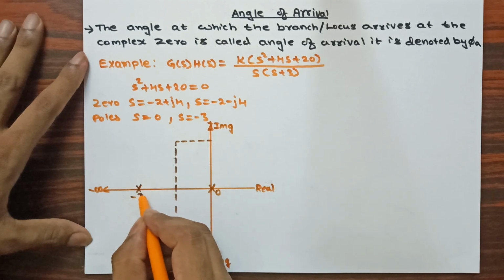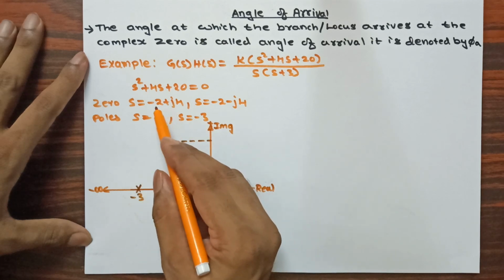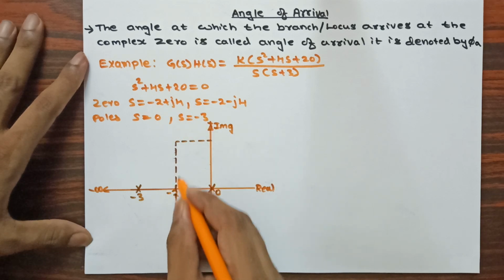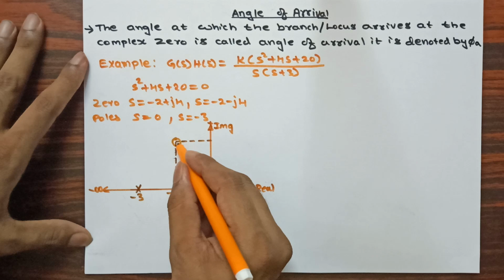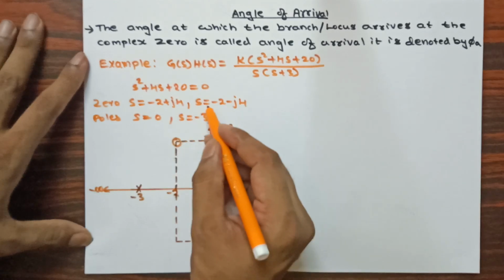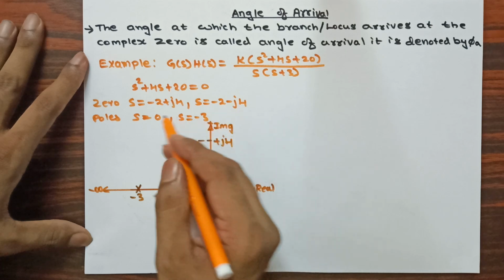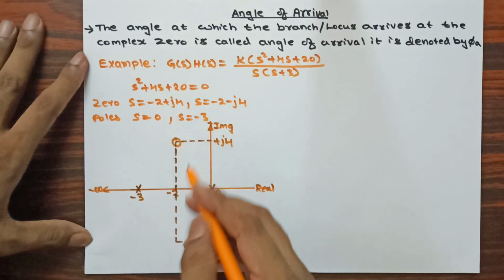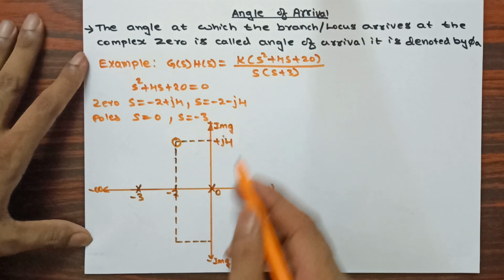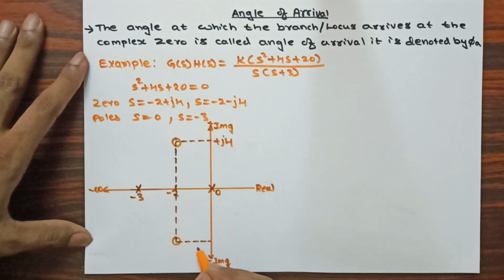The first complex zero is minus 2 plus j4, and the second complex zero is minus 2 minus j4.